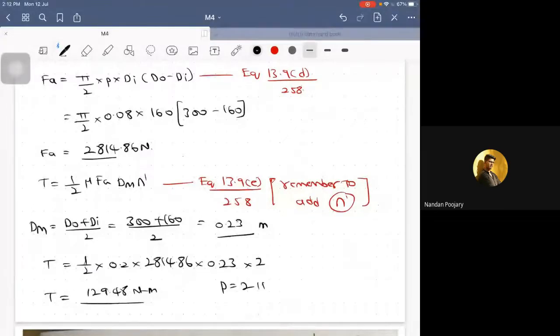So now we can calculate the value of power. It is 2 pi N T by 60. So let's substitute it. 2 pi times N, which is 1000, cross 129.48, whole divided by 60. From this, what is the value of power?